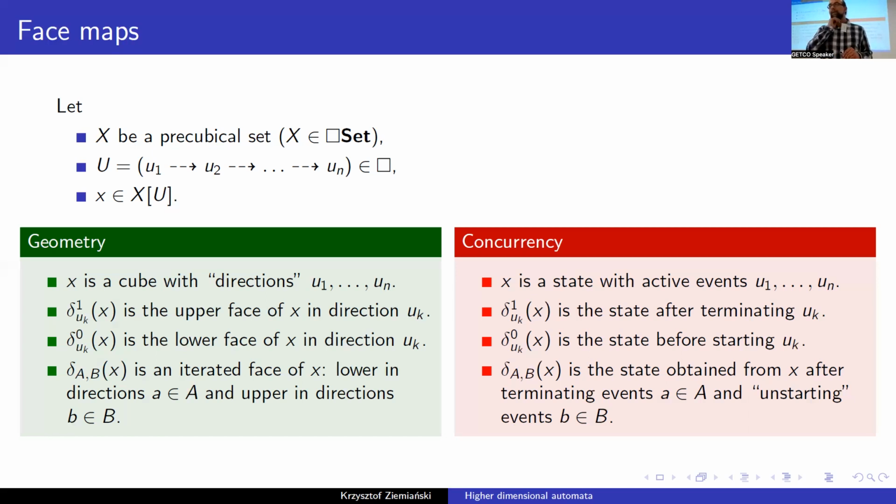There are terminological problems with this inverse, because the inverse of terminating is unstarting. You pass to the state in which the event didn't even start. But, well, starting is not a good thing here. So there are operators which terminate some things and unstart some things. This all gives you, again, the precubical set.